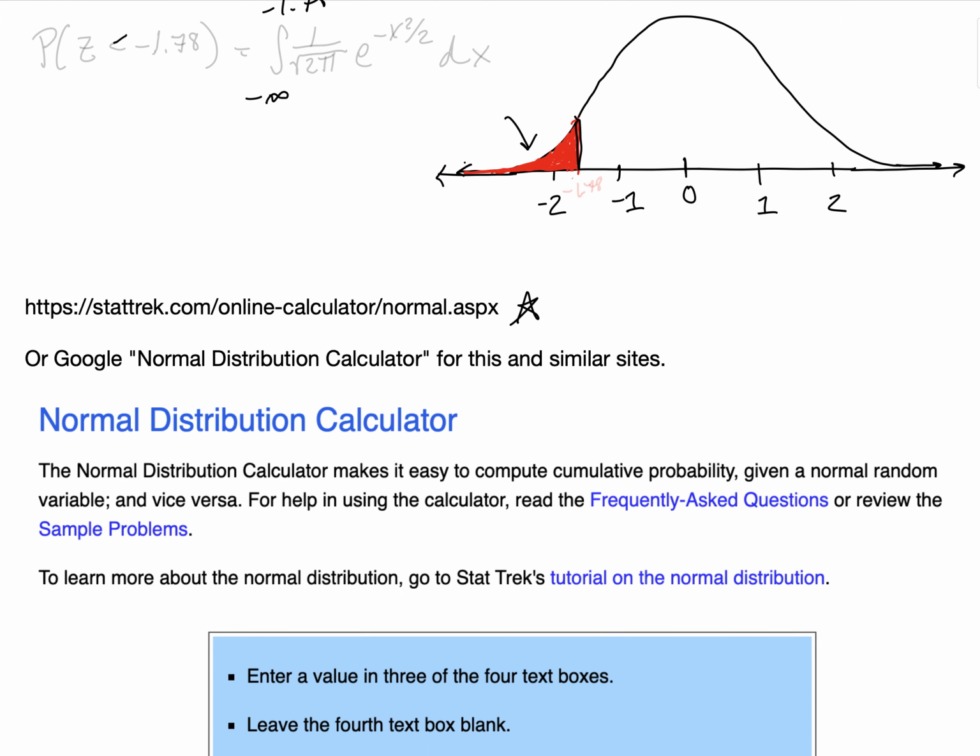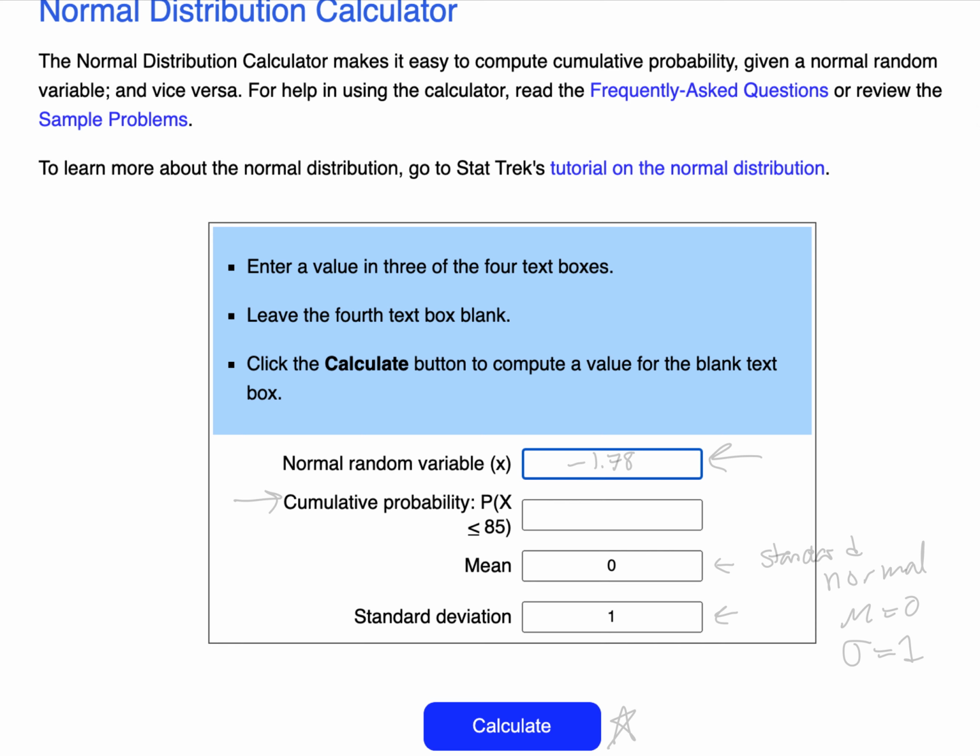This is what it looks like. When you go online, it will look like this. There will be these 4 boxes, and most of the time we are going to be entering into this box whatever value we're interested in. In our case above, negative 1.78 would be what we would plug in.